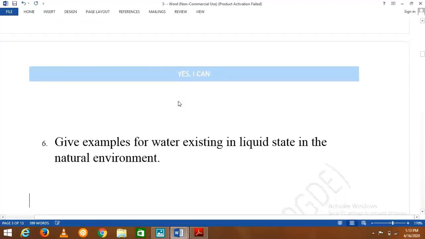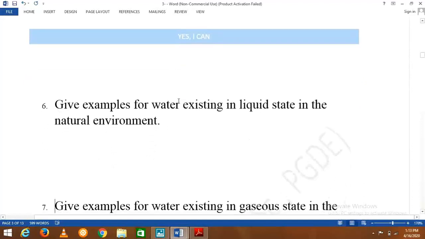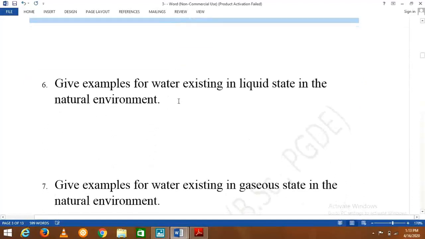After that, you are asked to give examples for water existing in liquid state in the natural environment. So at the beginning also we mentioned about this. You can say rain, lakes, streams, rivers, tanks, ponds, and sea.